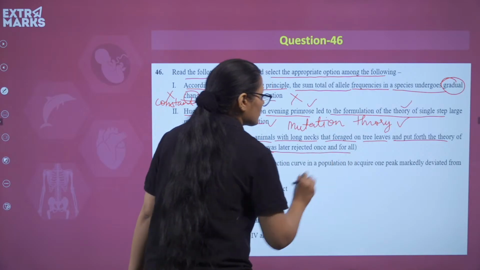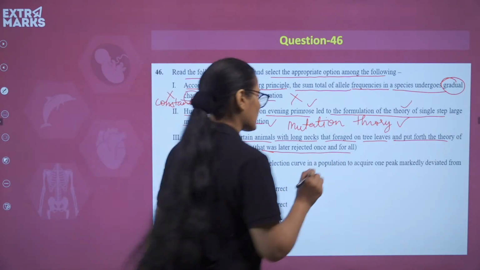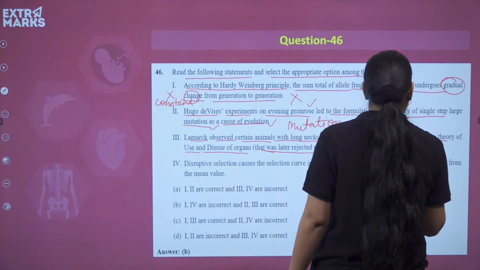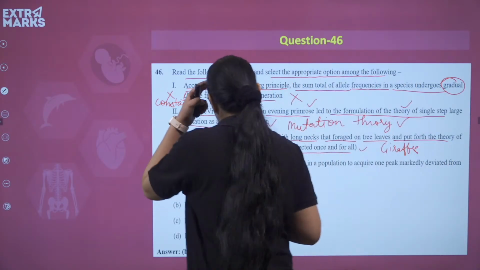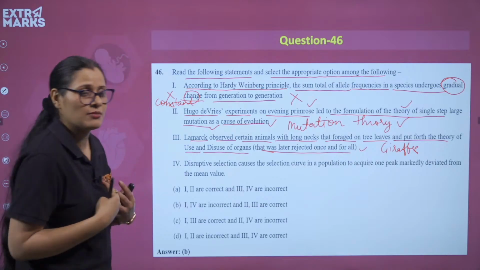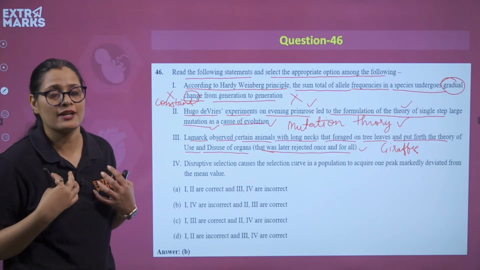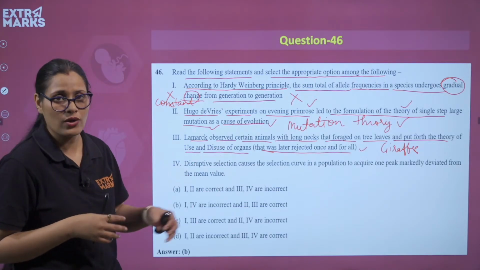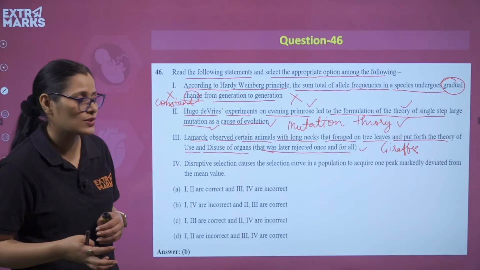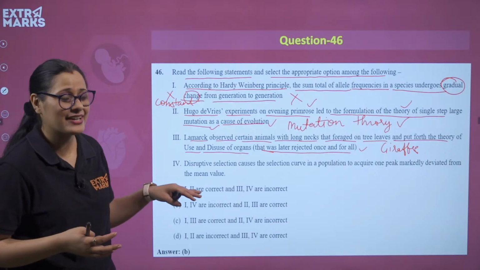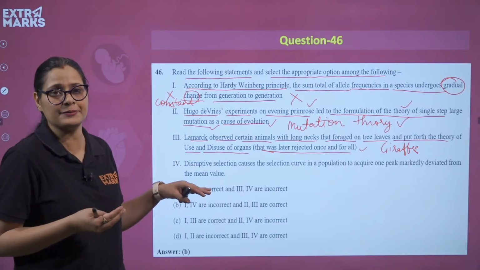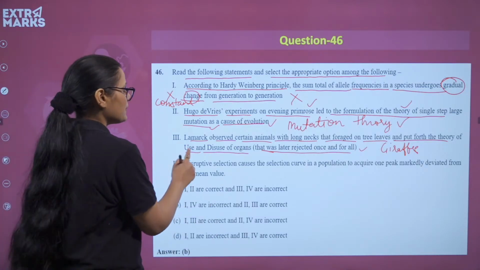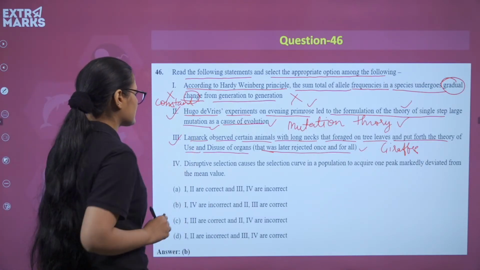That was later rejected once and for all, and is also a correct statement. He worked on giraffe and he said that the long neck is according to their internal basic instinct. They want to do it. It's their desire to have a long neck, and it is based on the use and disuse of organs that is actually inherited to the next generation, which is discarded afterwards. So this is a correct statement. Second is a correct statement.